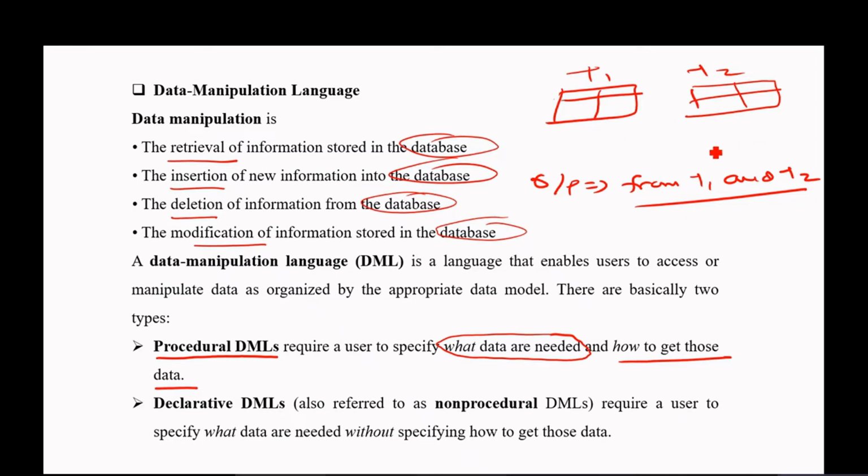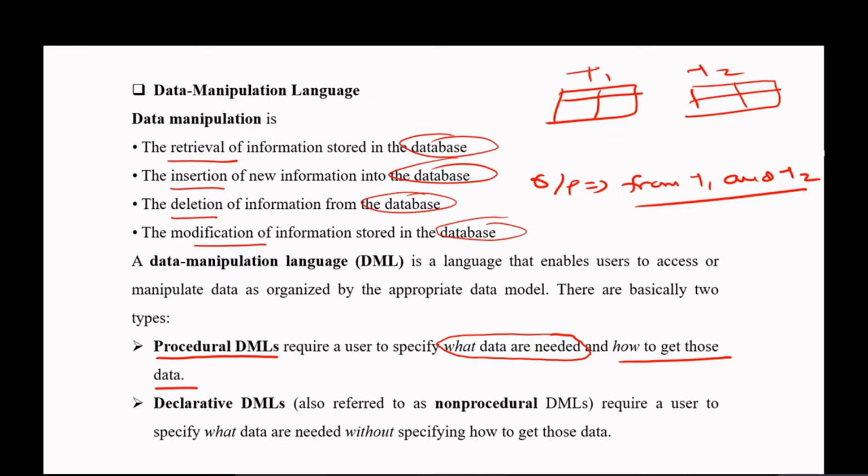With the combination of T1 and T2, you will get your final output. So you know what data is required. But if you are specifying, take this table and this table and perform this particular operation, there are a number of operations for combining tables. We will go through each and every one when we talk about algebra, calculus and SQL.